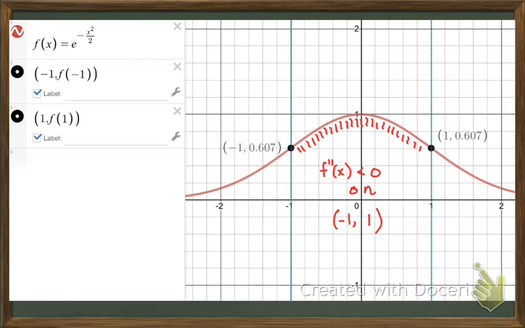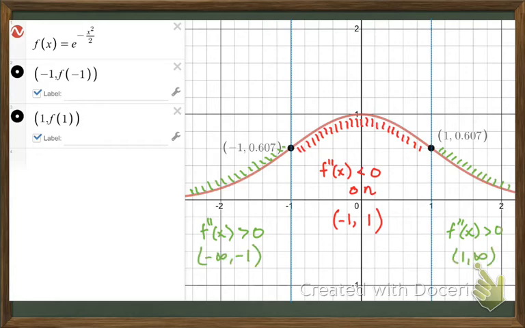We see the inflection points plotted there, and I see the concave downward portion in the middle, right? That satellite dish kind of pointing downwards. It looks like a cap. On the other sides of -1 and 1, I see concave upwards, right? I see this kind of upward portion, and that's where the second derivative was positive on either of those intervals, okay?